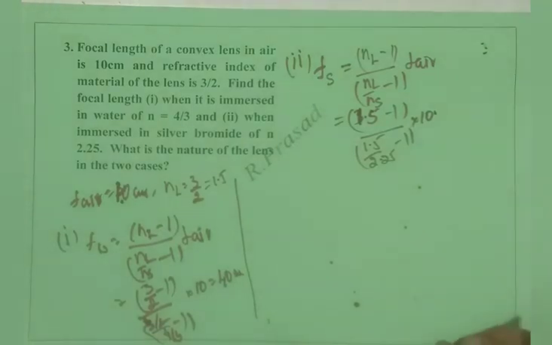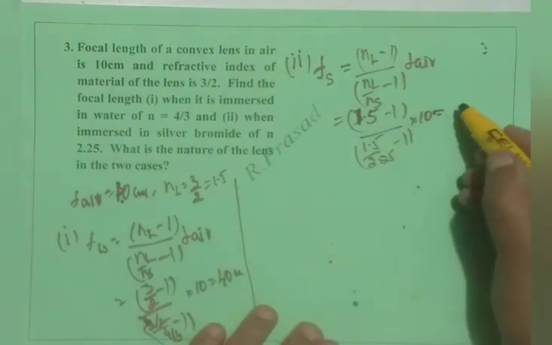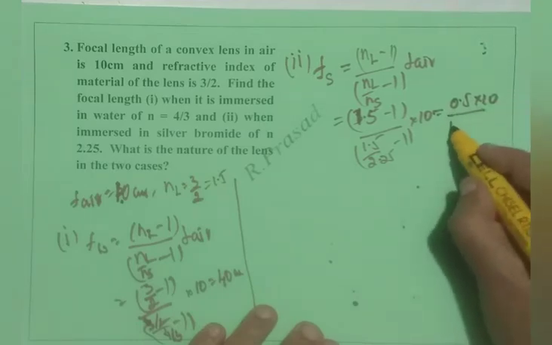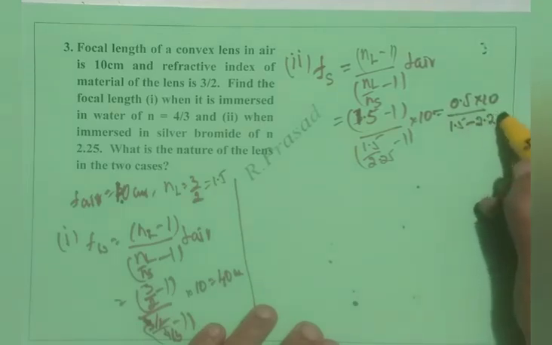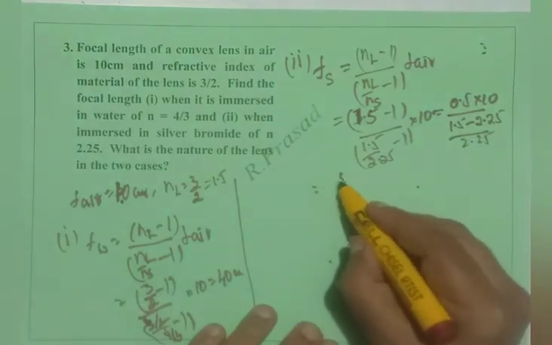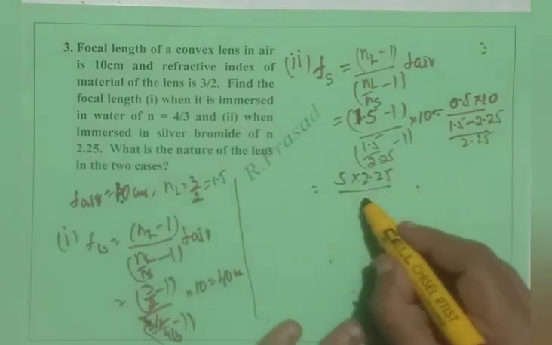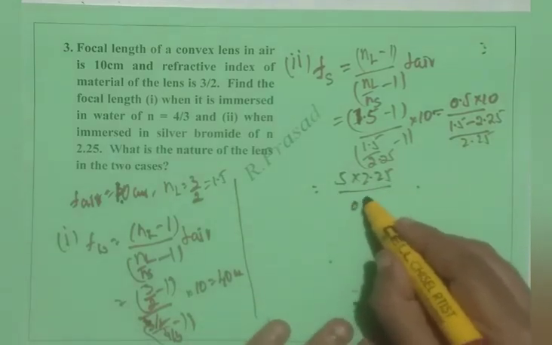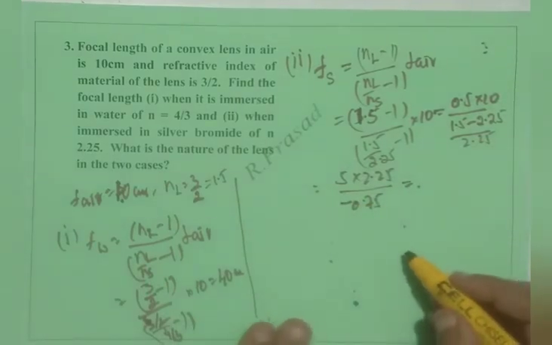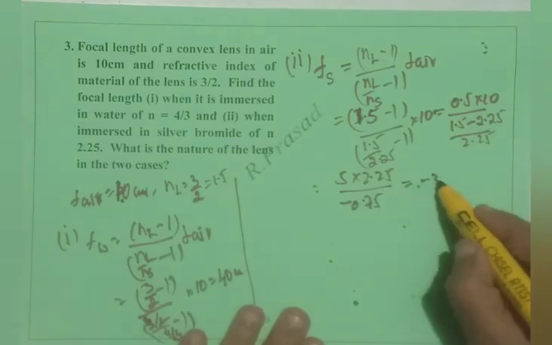Now we calculate everything here, which amounts to 0.5 into 10 divided by (1.5 minus 2.25) by 2.25, which amounts to 5 into 2.25 by 0.75 with a minus sign, which amounts to minus 30 centimeter.